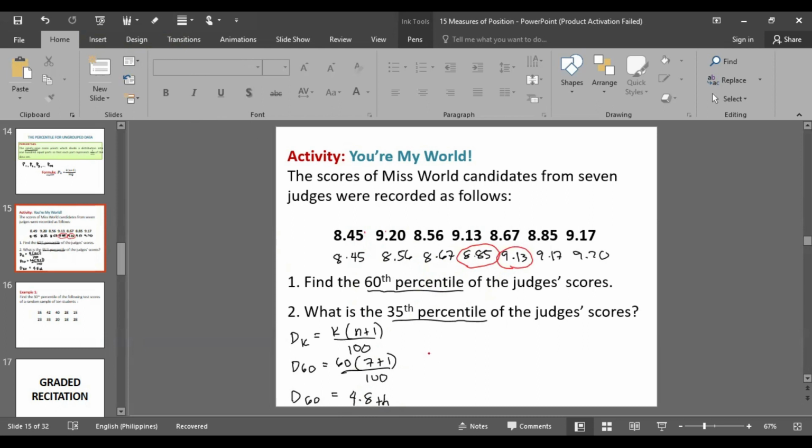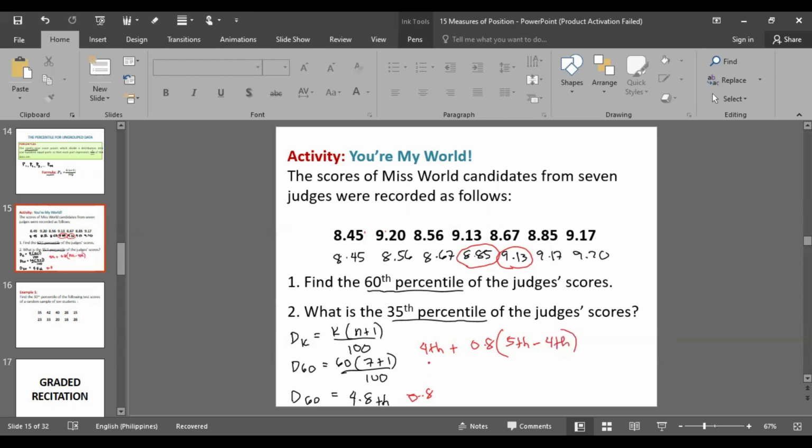Okay, so to get the 60th percentile, we add the 4th score point to 0.8 times the 5th score point minus 4th score point.